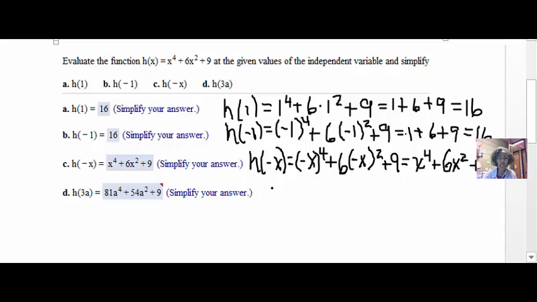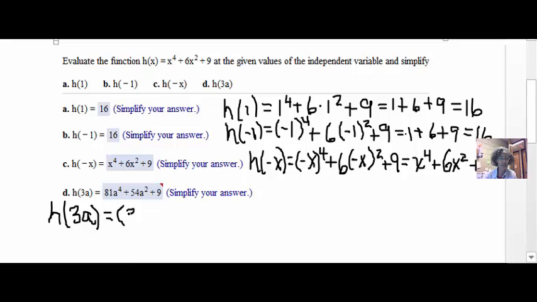All right, now let's look at this last one where we're replacing x with 3a. So we have 81 times the 4th power of 3a. I'm sorry, we have 3a to the 4th power is what I meant to write.